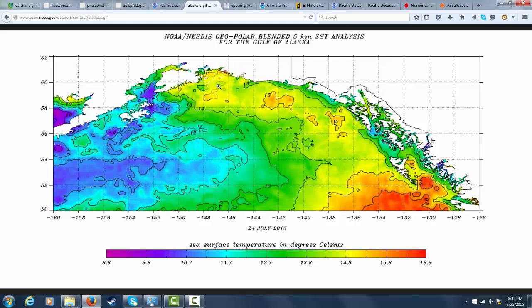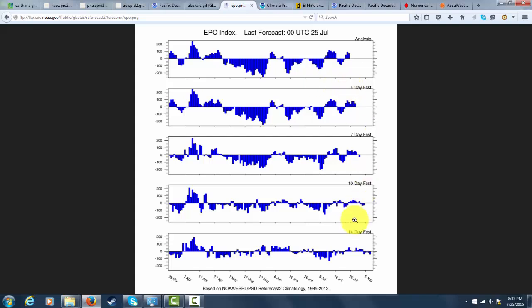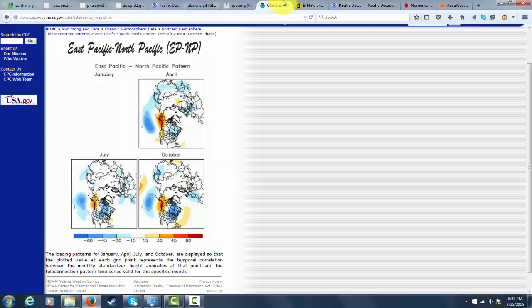So these warmer than normal temperatures enhance ridging over the Pacific, and that is coupled with, as we are around the 26th of July, a weekly positive EPO, or Eastern Pacific Oscillation. Now, I have a little bit of a graphic here from the CPC about the EPO, because the EPO isn't exactly the most popular teleconnection.